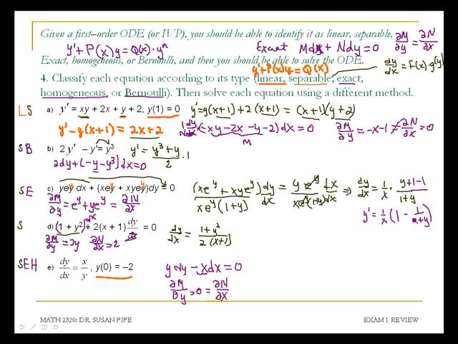Well, I could rewrite that to make it a little bit simpler, maybe if you're going to do an integral. But I still have this y in the denominator, and I really can't get rid of it without multiplying this derivative term by y plus 1. So this one is not Bernoulli.